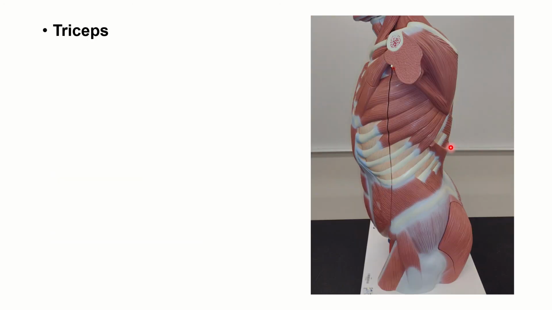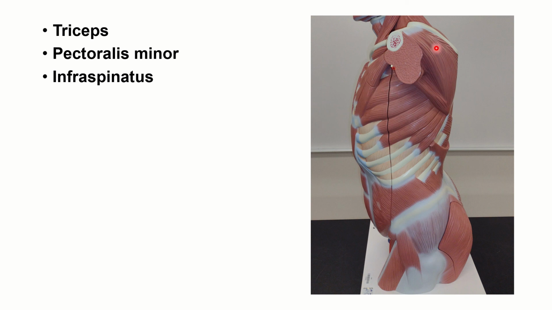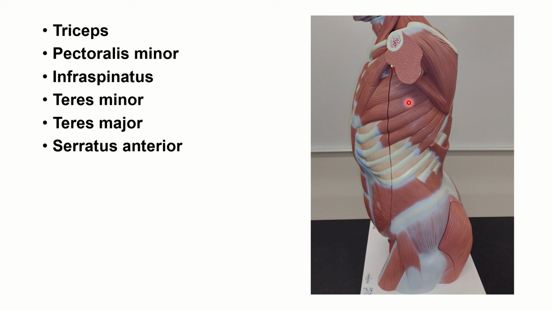From the side view, you can see the triceps muscle, the pectoralis minor, so pectoralis major is removed here. Infraspinatus muscle, teres minor, teres major. Okay, this is serratus anterior.